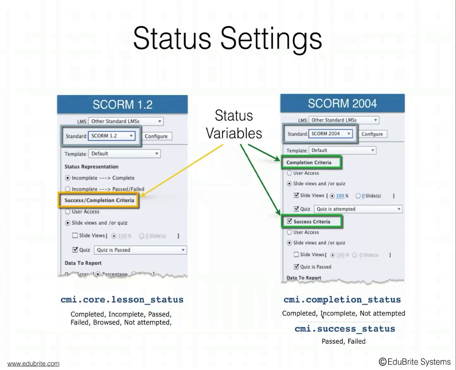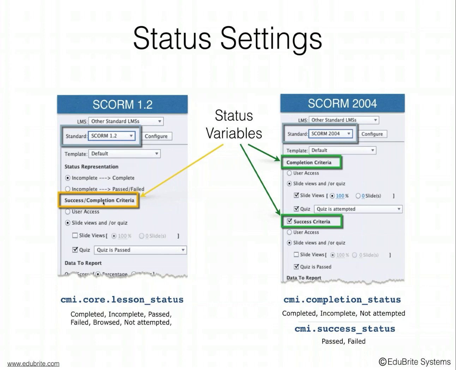And that brings us to this slide. Status settings. Again, this is the Captivate setting here, but Articulate is very similar, and I'm sure iSpring is too. And you're going to be able to see here that these status variables, we have two of them in 2004 in green over here, completion criteria and success criteria.